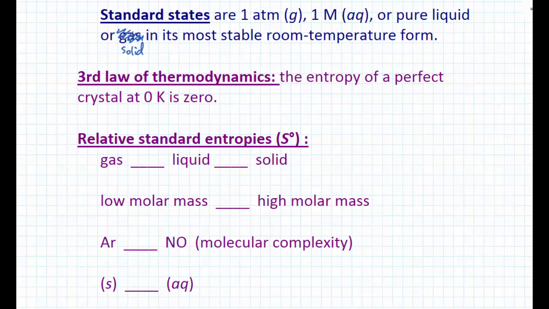Is energy being dispersed in that system, or is energy being concentrated and kind of compacted in that system? So what would have the highest entropy of a substance? Gas, the liquid, or the solid? Yeah, the gas would. So let's do gas greater than liquid greater than solid for a particular substance.